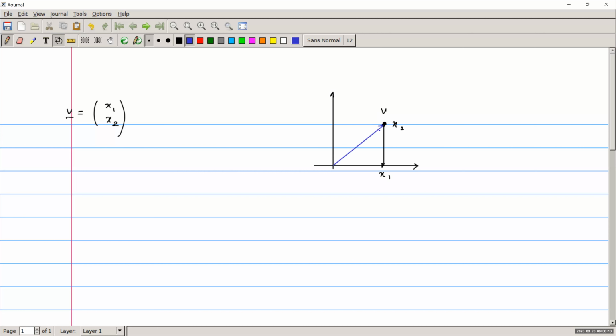We join the origin to this point v, and this blue line, the blue line with an arrow at its tip, that's a vector. That's going to be this vector x1, x2.